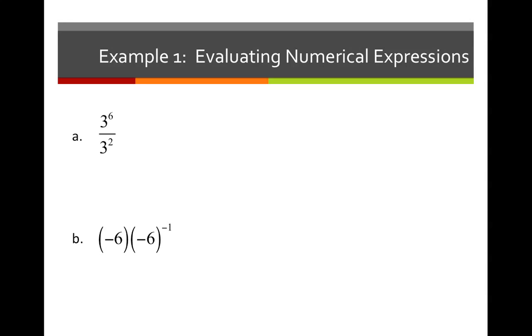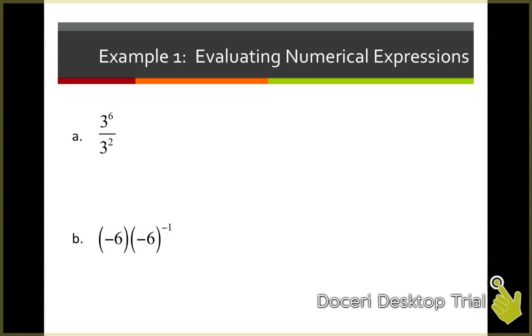Now, if we go strictly by order of operations, we would say that we had to figure out what 3 to the 6th is and what 3 squared is first, because exponents come before division. Then we would be able to divide it out to get an answer.